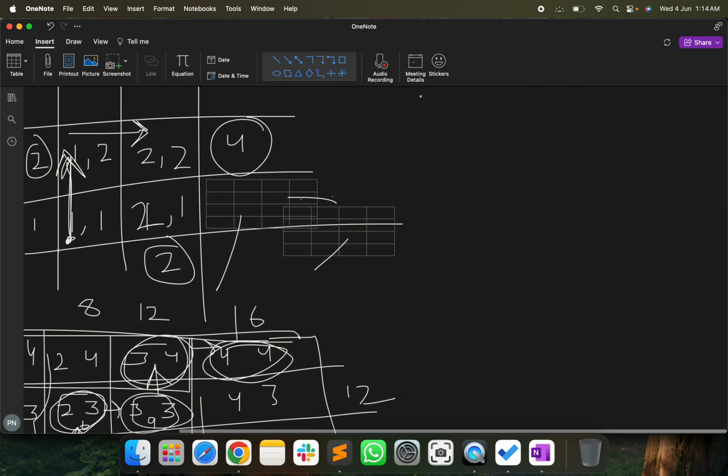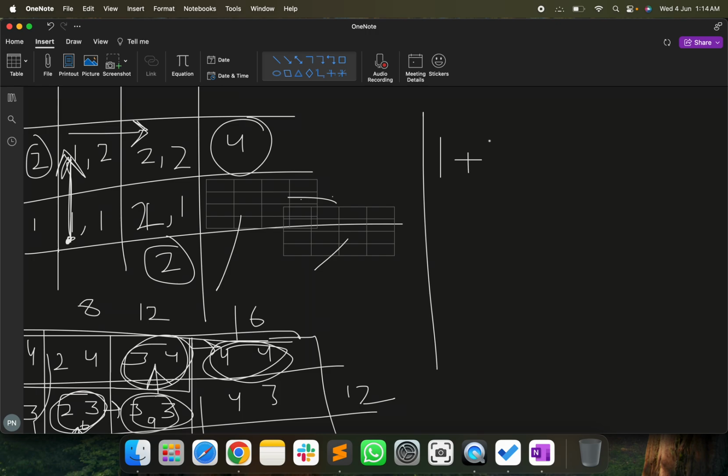Let me just teach you a few more things if there is some space. I'm just going to teach you some basics of maths. If we go 1 plus 2 plus 3 and so on till n, the sum is n into n plus 1 by 2. If we do it for 1 square plus 2 square plus 3 square and so on till n square, then the answer becomes n into n plus 1 into 2n plus 1 by 6.